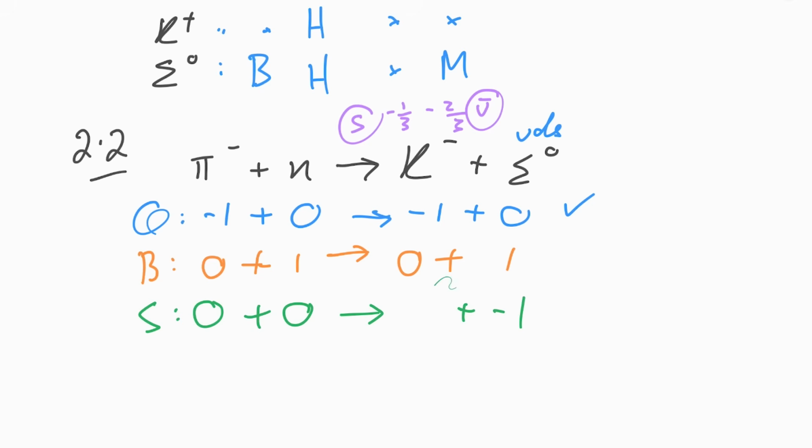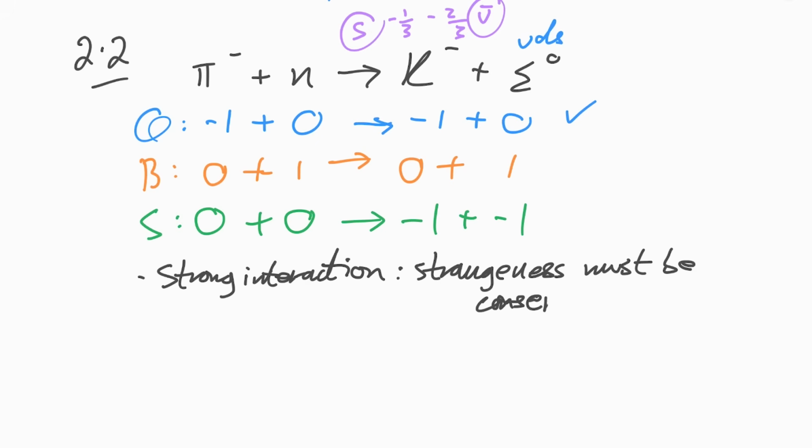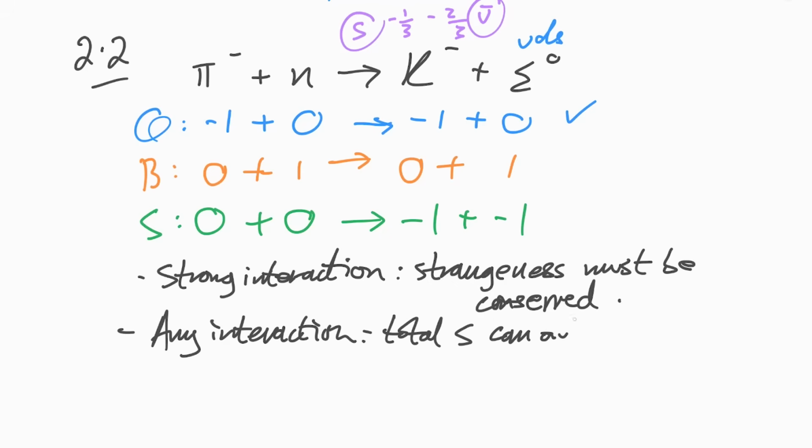So that means that we have a strangeness of -1. So why can't this happen? There's two things we can say. Strong interaction, as there are only hadrons involved. And so we could say that strangeness must be conserved. But there's also another thing as well. In any interaction, even if strangeness didn't have to be conserved, total strangeness can only change by 1. But you'd get the mark for just saying the first thing.